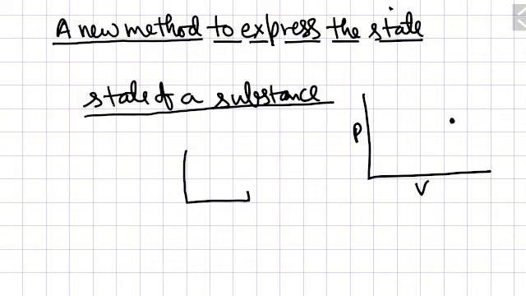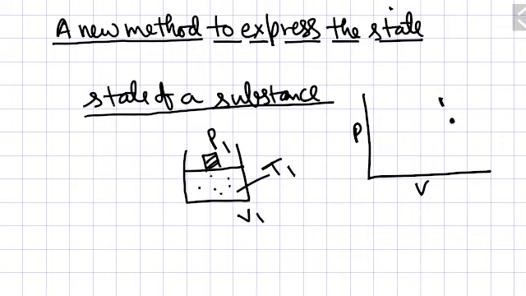Suppose the pressure is P1, the temperature of this fluid is T1 and the volume is V1. So this is the state of the substance. You can show it this way, P1, T1. So this is your state of a substance.